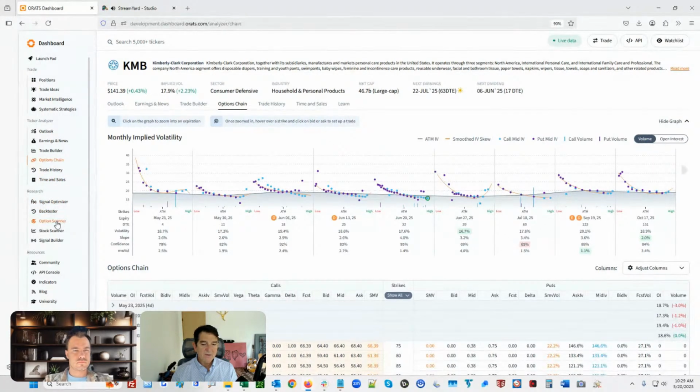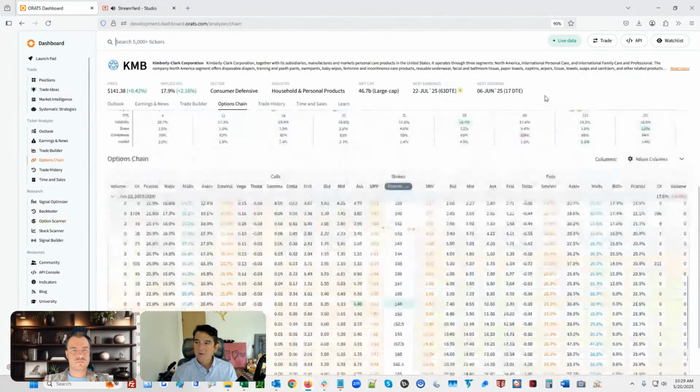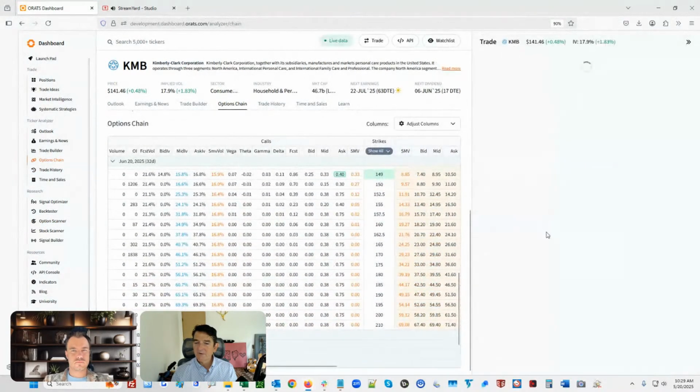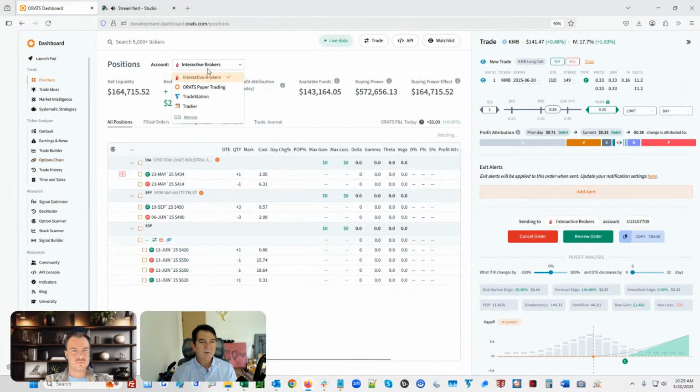We could go back to the option scanner, or actually go to the option chain, see what our trade is. I'm pretty happy with this. We probably have to give them a couple cents. This is Interactive Brokers, so I'm going to switch my positions to the paper trading.